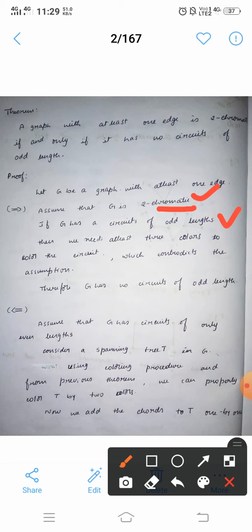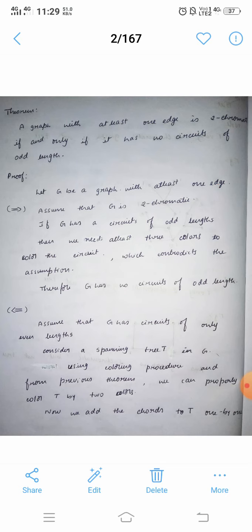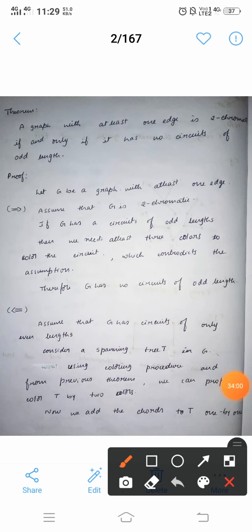So G has no circuit of odd length. Our assumption that G has a circuit of odd length is wrong. The graph G has no circuit of odd length.